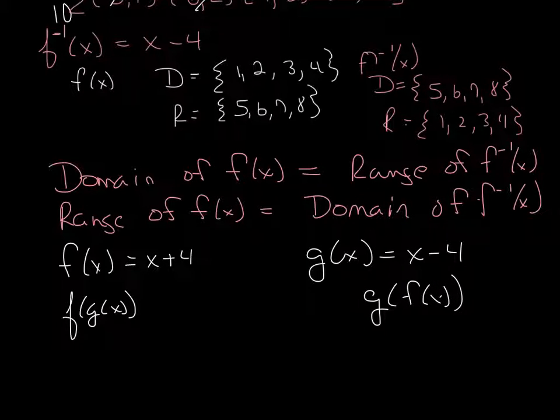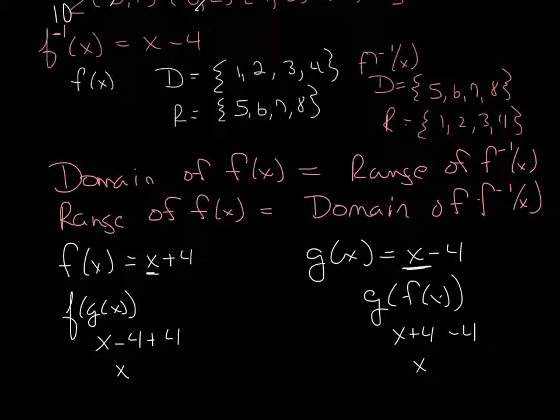If we're going to do f of g of x, that means that wherever I have an x, I'm going to plug in g of x. So this becomes x minus 4 plus 4, which equals x. Okay, let's do it the other way. If we do g of f of x, I'm going to plug in x plus 4, and we get x plus 4 minus 4, and we still get x.